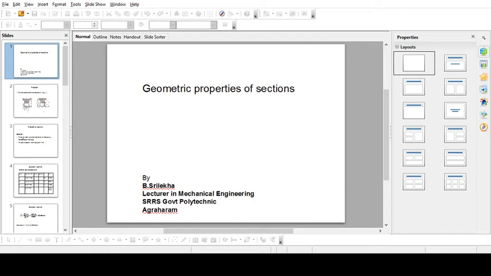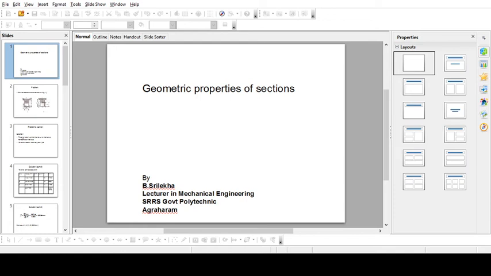5298.78. So now the summation of the areas, nothing but a1 plus a2 plus a3, that is 450 plus 225 plus 353.25. So this will give you a value of 1028.25.